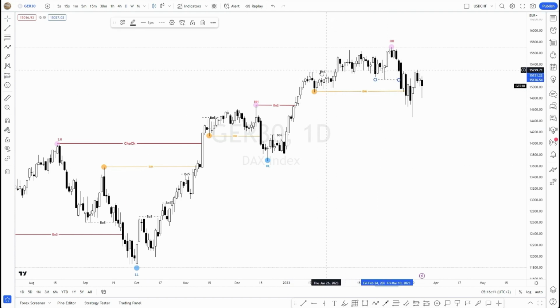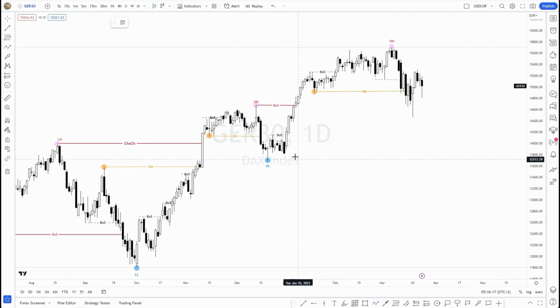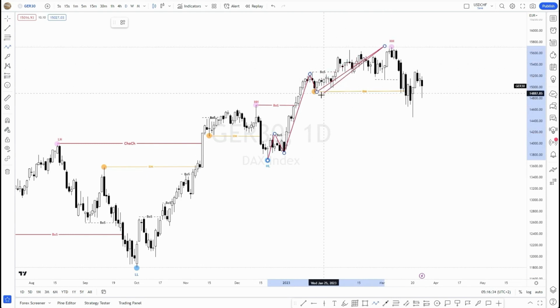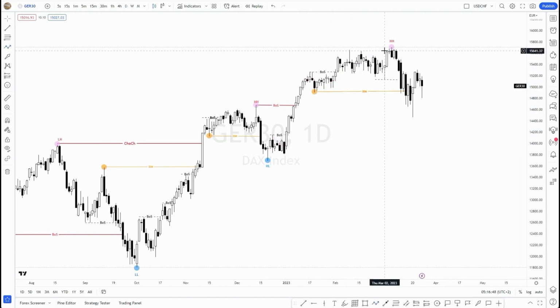It's because this is the last minor structure that broke to the upside with the candle body. Let me show you. This is like one leg: high, low, high, low, high. So it makes this low become an inducement, because there is no more break of structure with the body to the upside. And the moment the inducement breaks, it confirms the last high became a higher high.